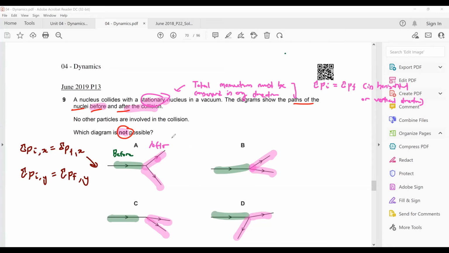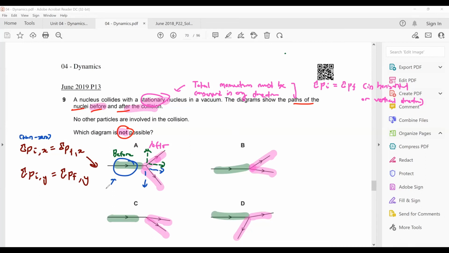Now, if you look at the case after collision indicated by the pink colored arrows here, these two can be resolved into two perpendicular components again, one here and one here, and then this one here and this one here. Okay, so if I ask you right now, the case before collision for the horizontal direction, this one will be non-zero, because I clearly have something that is moving right now.